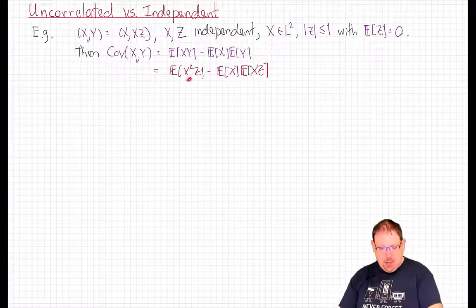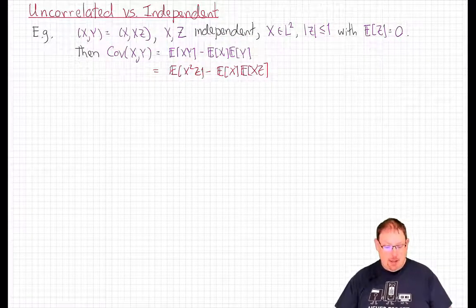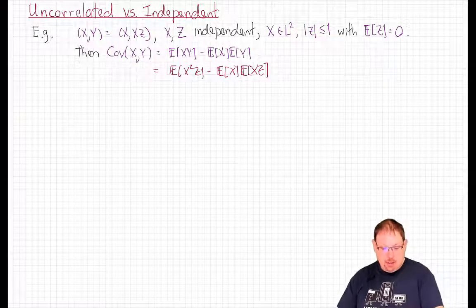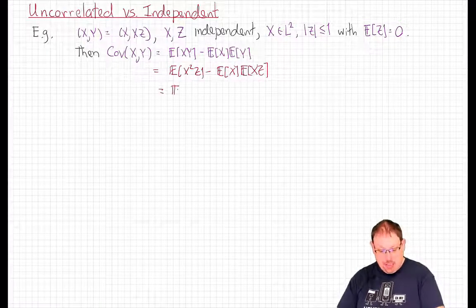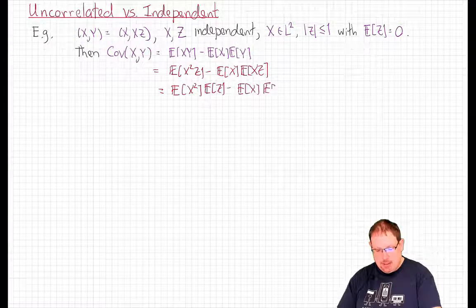We also know that X squared and Z are independent from the previous lemma. And since X is in L2, X squared is in L1. So everything squares out, and we can factorize this as the expected value of X squared times the expected value of Z minus the expected value of X times the expected value of X times the expected value of Z.